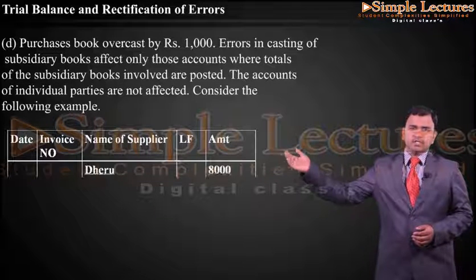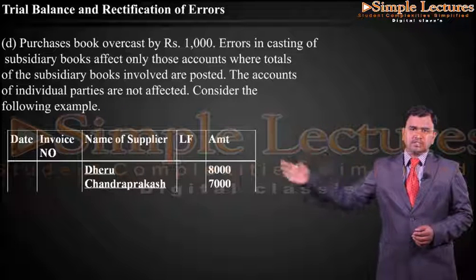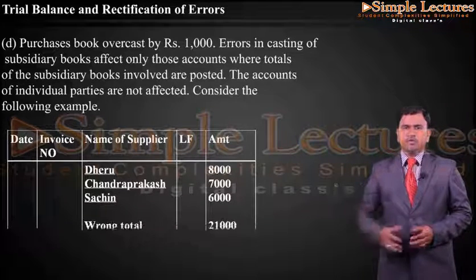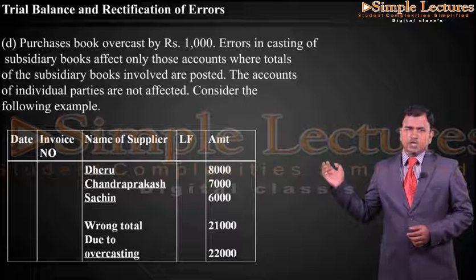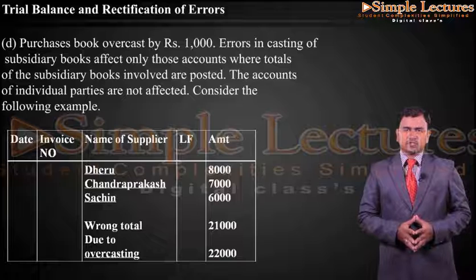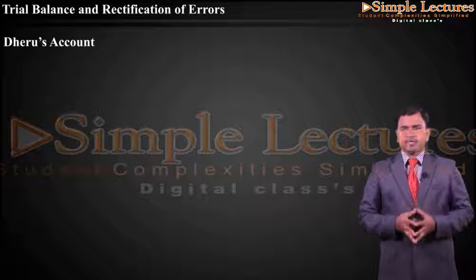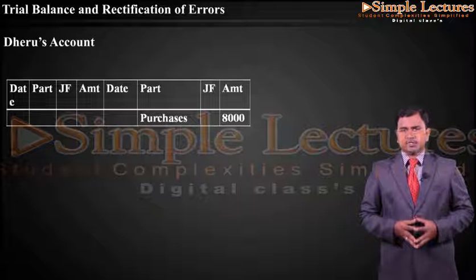So, we have Dhiru with 8,000, Chandra Prakash 7,000, Sachin 6,000, and the wrong total due to overcasting rupees 22,000 instead of 21,000. Now, coming to Dhiru's account, we are going to prepare a ledger account where the purchases will be shown on the credit side.